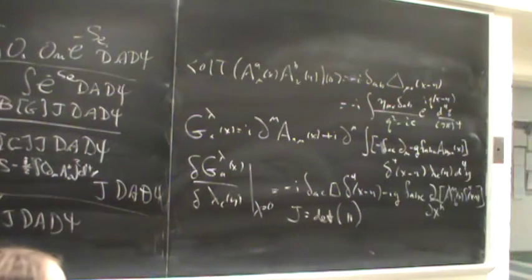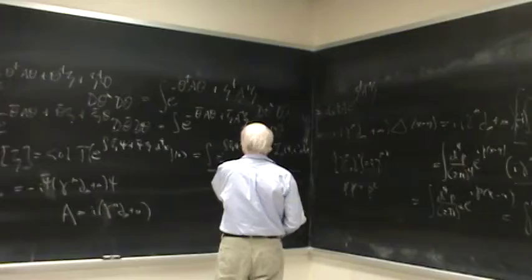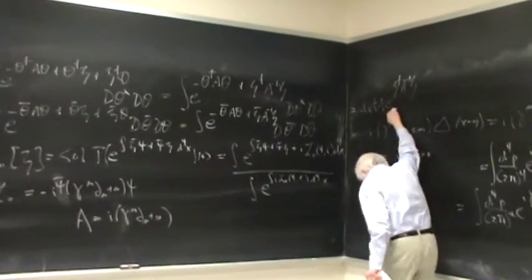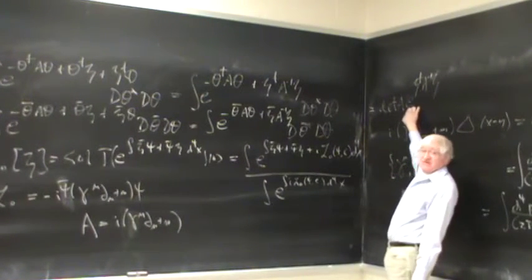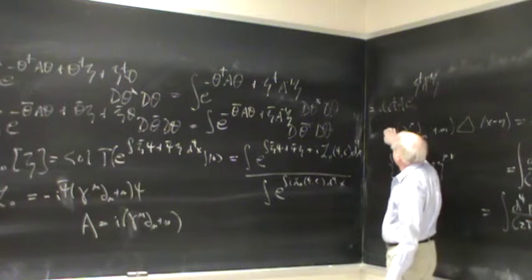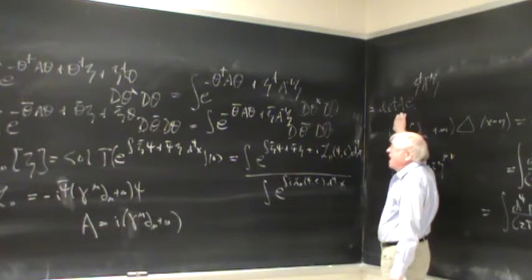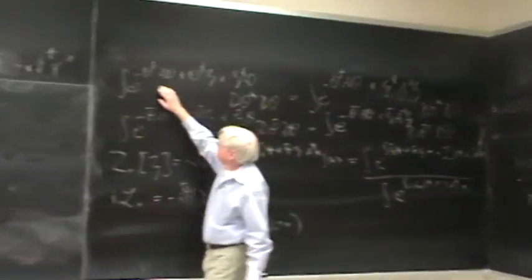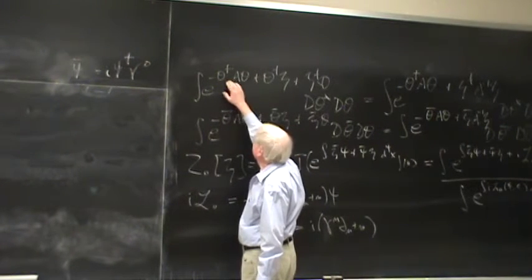Namely, what we learned a long time ago is, in fact, this identity, but with zeta equal to 0. And this identity tells us that the determinant of some funny matrix is just the Grassmann integral of e to the minus theta dagger a theta.